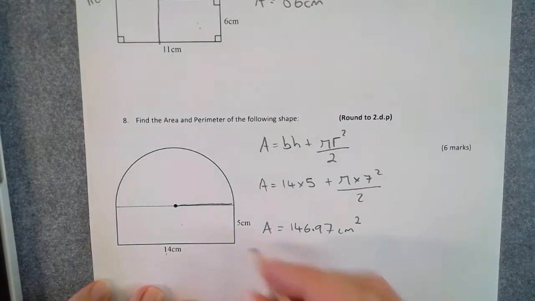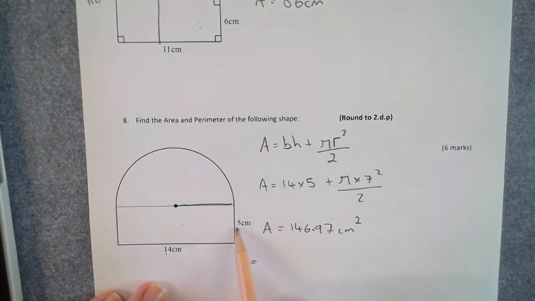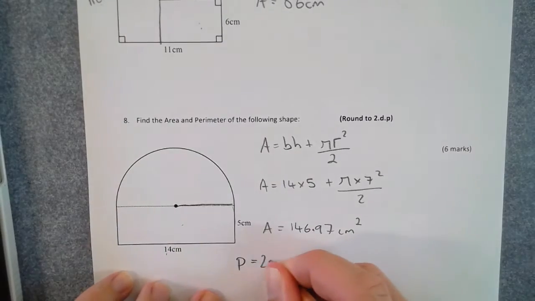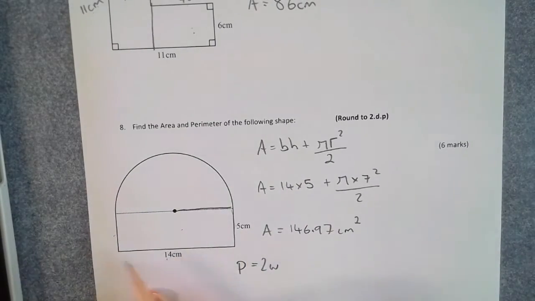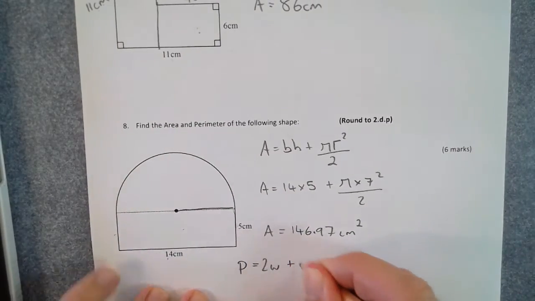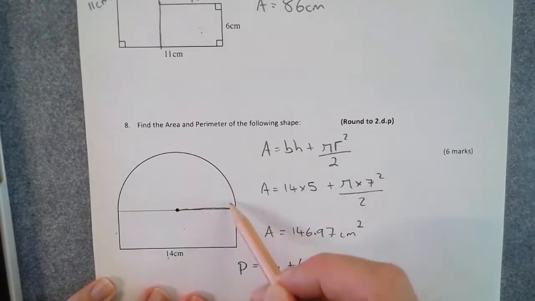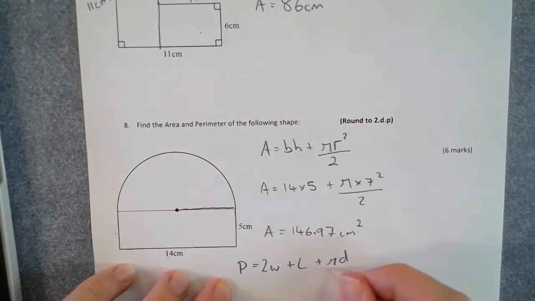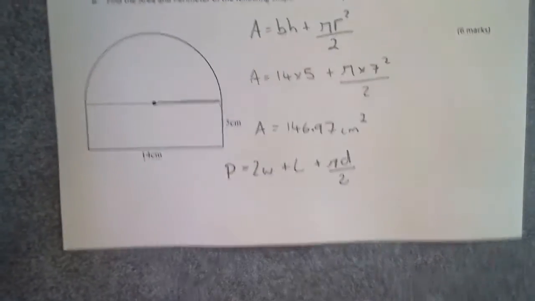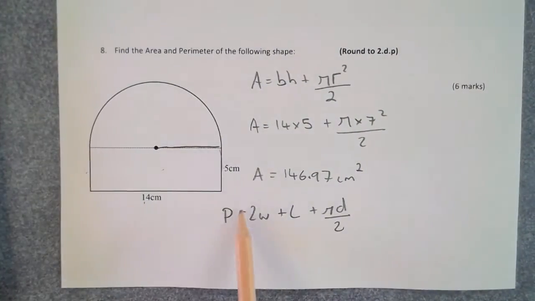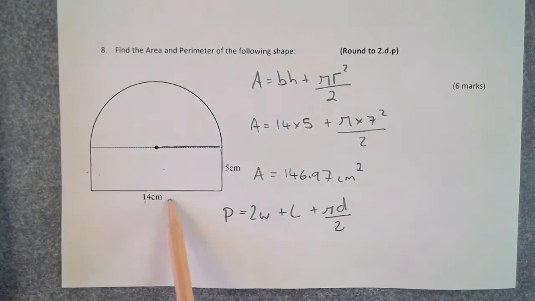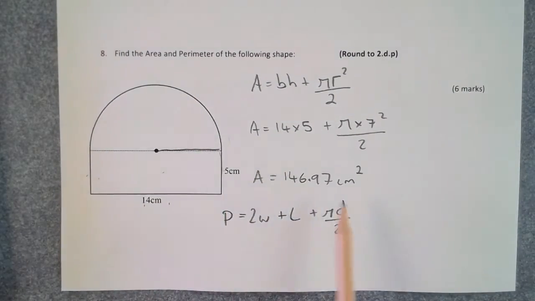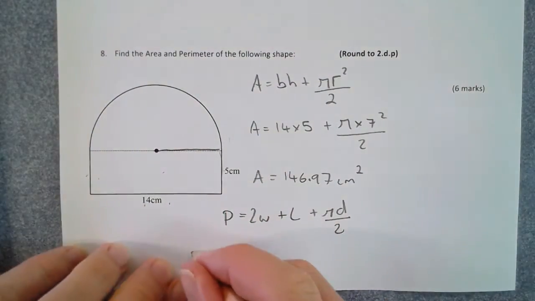Now perimeter, which is quite a difficult question, you need to look how many sides the shape's got. So our perimeter is going to be the width of the rectangle, and there's 2 of them, width 1, width 2, the length of the rectangle, and it's half the circumference of the circle. Well, if the circumference of the circle is pi d, we divide that by 2. So 2 widths plus the length plus half the circumference of a circle. I now substitute.